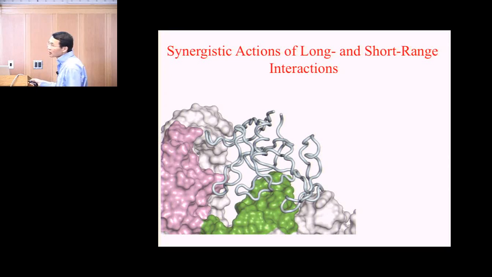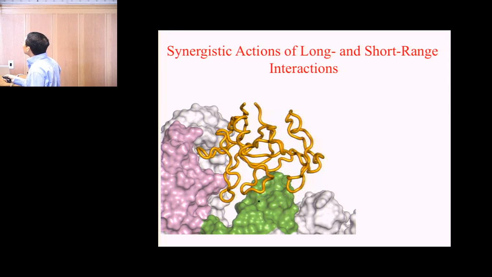So the transient complex has to be modified, and the modification is a counterclockwise rotation, so that now you avoid the clash and can fit in with the neighboring ribosomal proteins.